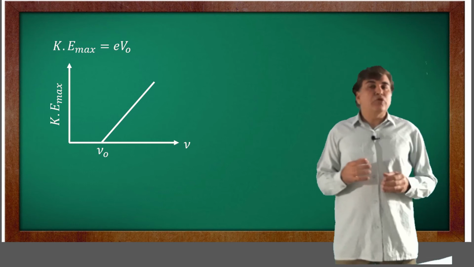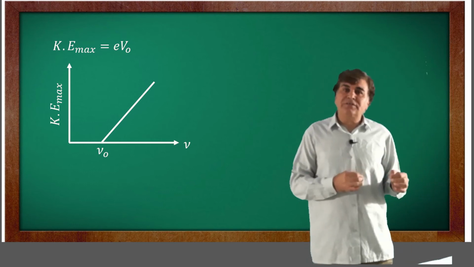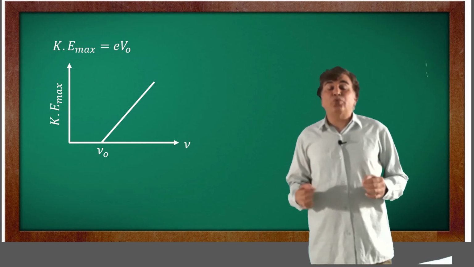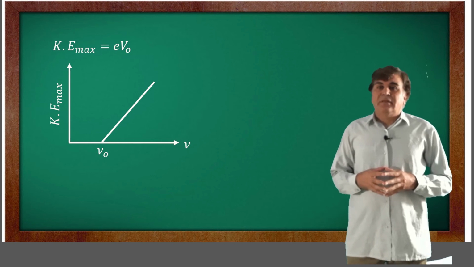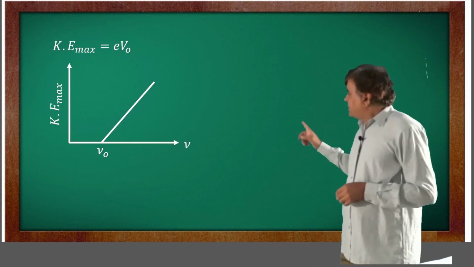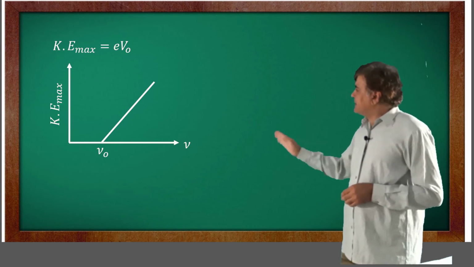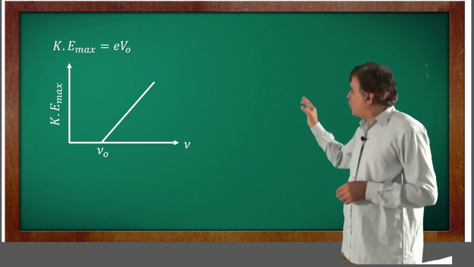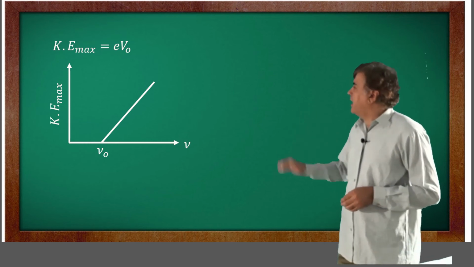In other words, a more negative potential is needed for stopping the photoelectrons of highest kinetic energy with increasing frequency of incident light. The graph also shows that no photoelectrons are ejected when the frequency of the incident light is lesser than a critical value, which here I am representing with nu sub naught.